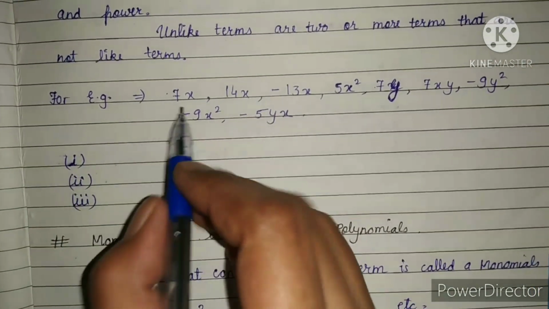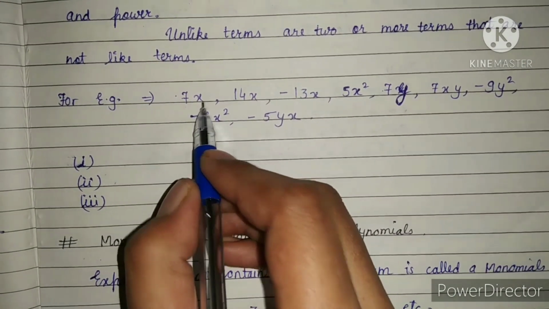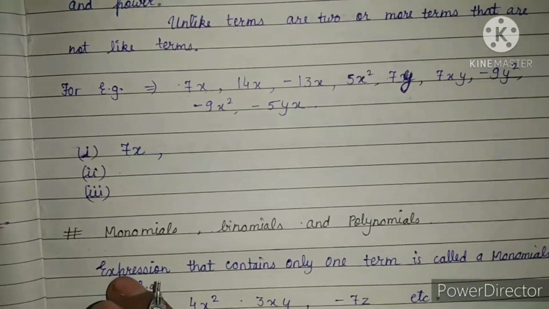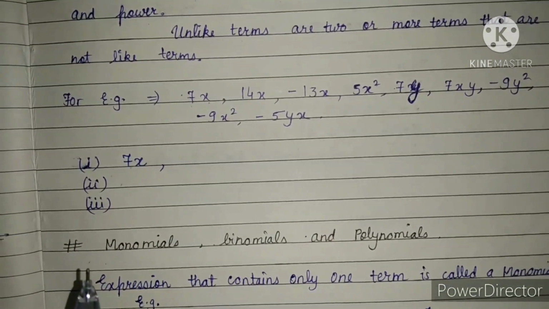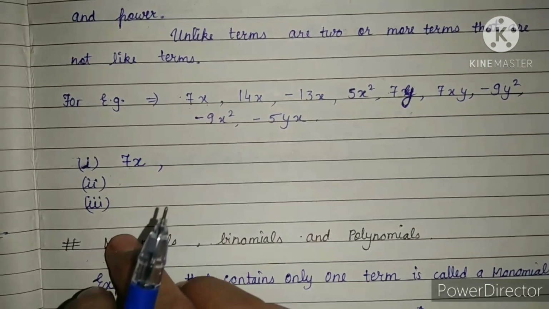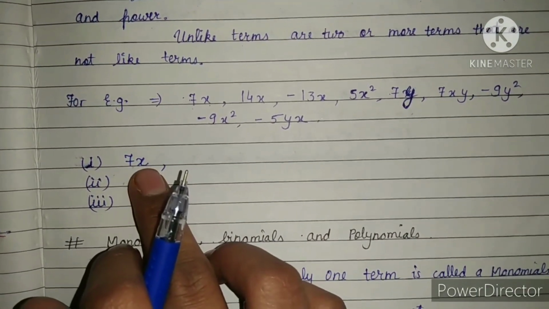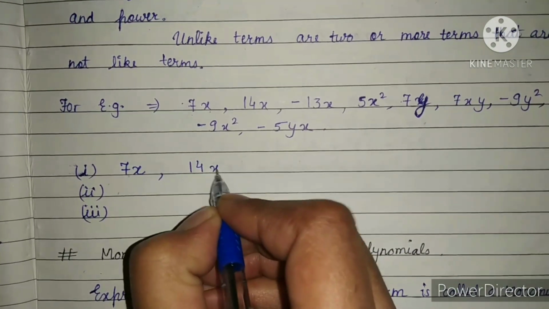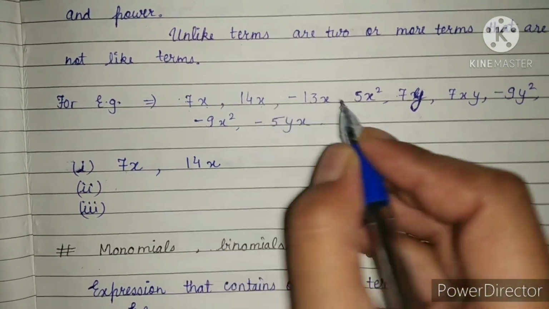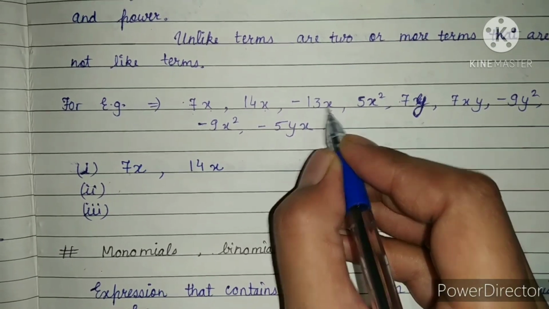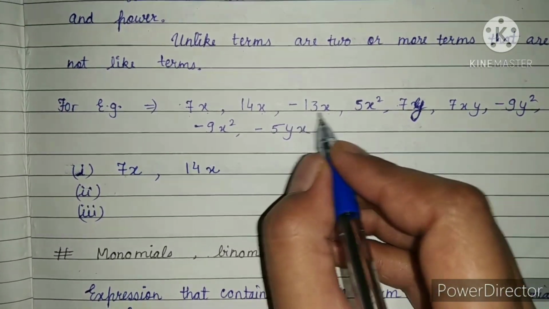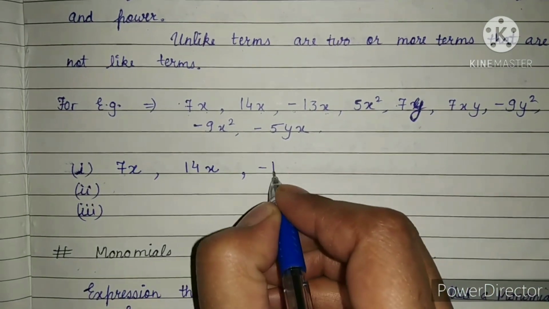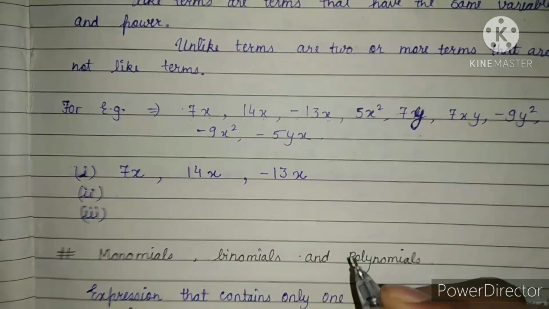For example, firstly we have 7x, so I am writing 7x here. Any term that has x, the same variable, will be considered a like term of 7x. Its second is already seen as like because only x is here. Here negative is there, but we do not look at the negative, the variable is the same, that's why negative 13x will come here.